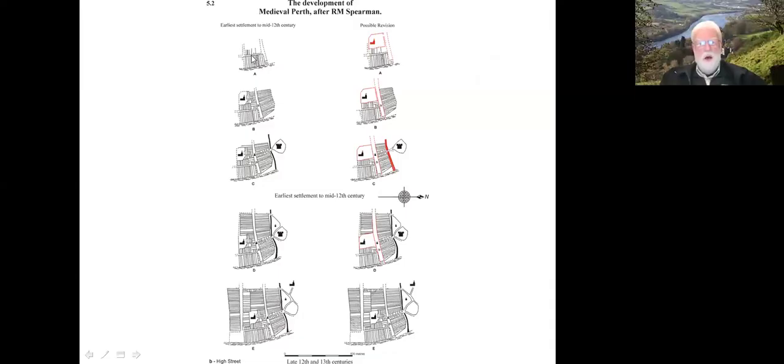So you have Watergate with a strip of burgage plots and the beginnings of the high street coming back from the river crossing. And we now think that we need to include the enclosure around St. John's Kirk as well, even in this earliest view, because of that ditch that I showed you before. And then progressively, the borough is expanding westwards. We now think westwards around the enclosure around St. John's Kirk.